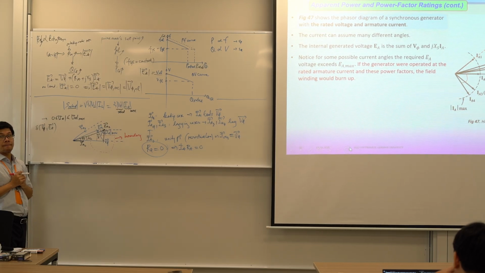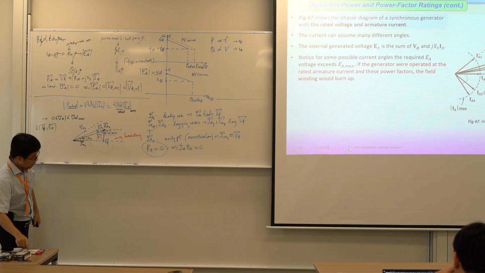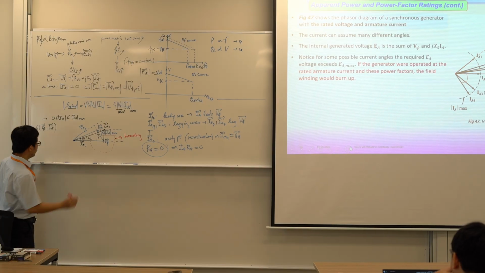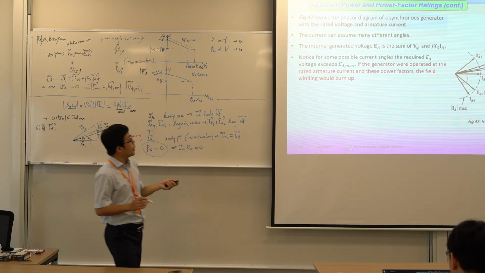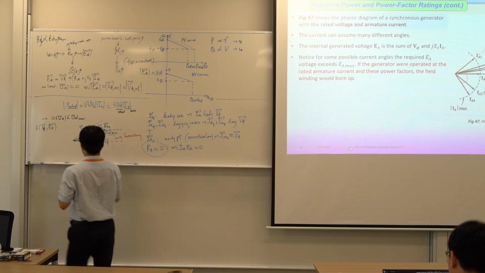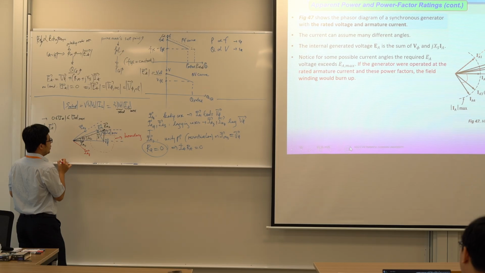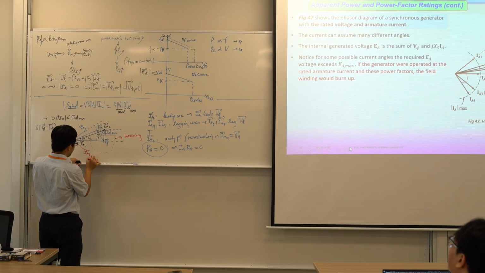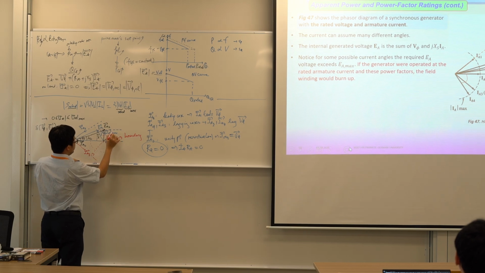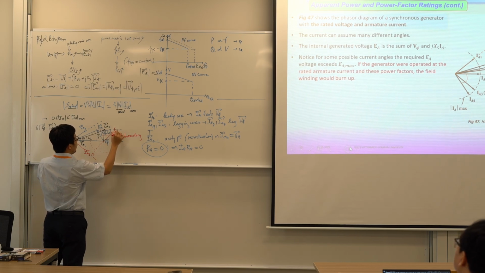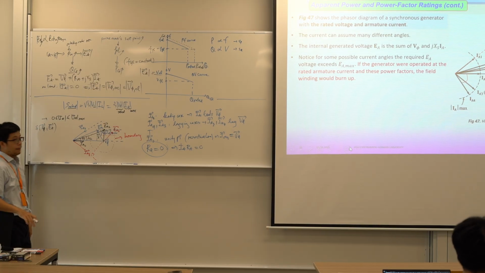Then, for example, I pick IA3 for the next example. This is IA3, and this is perpendicular to it.